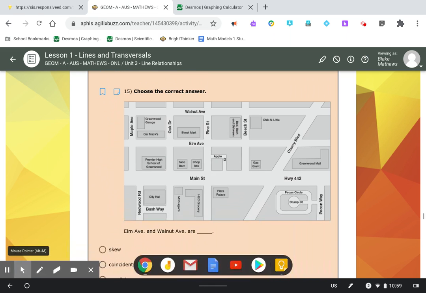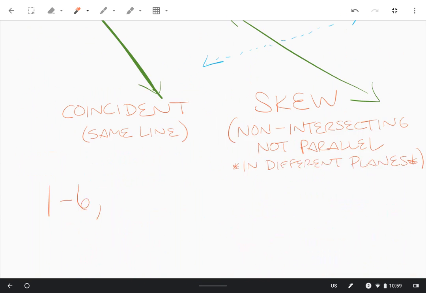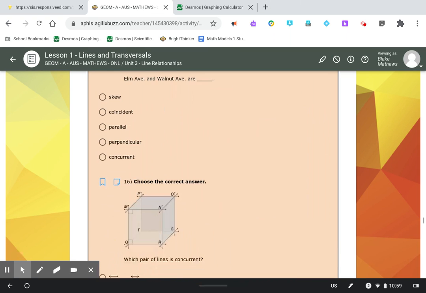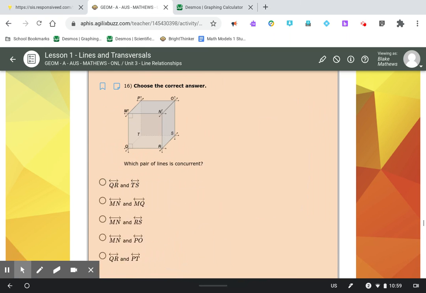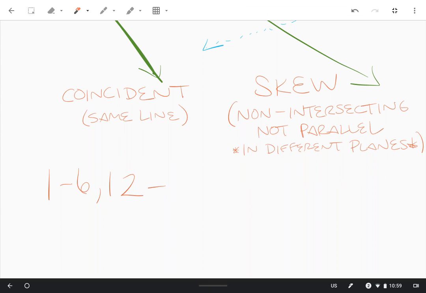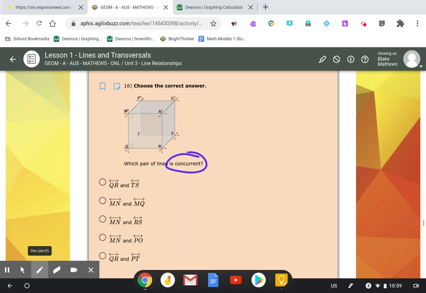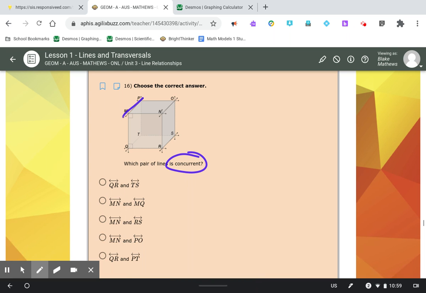Okay, so that's going to be 12 through 15, and then starting in number 16, you have this cube, and they want to know which pairs of lines are concurrent. Well, concurrent refers to any intersecting lines. There are a lot of examples of intersecting lines in this diagram.